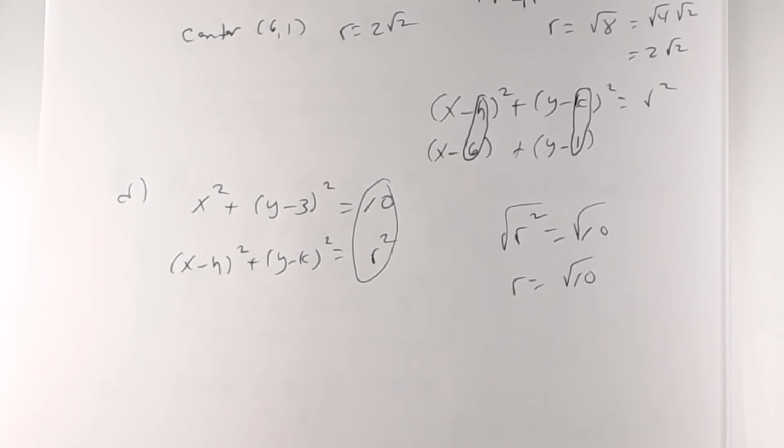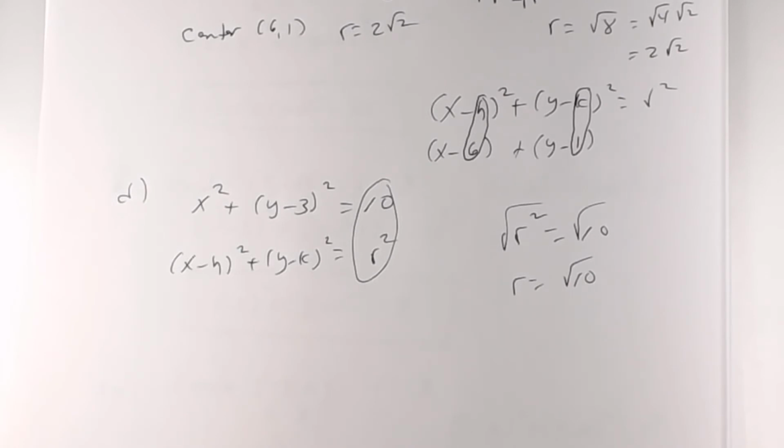Okay, now let's talk about the center. See that x squared? Based on what you see, just out of curiosity, what do you think the center is? You've got to give me an x and a y coordinate for the center.